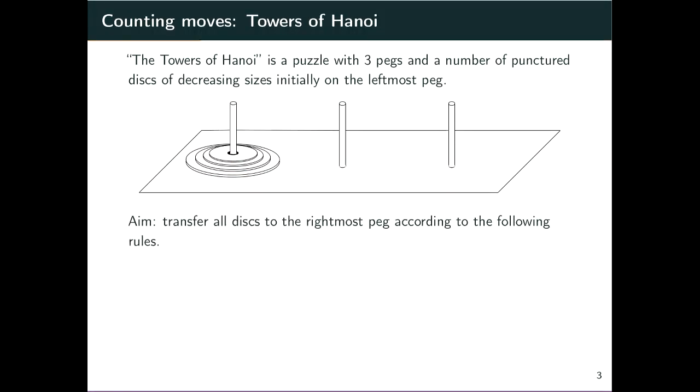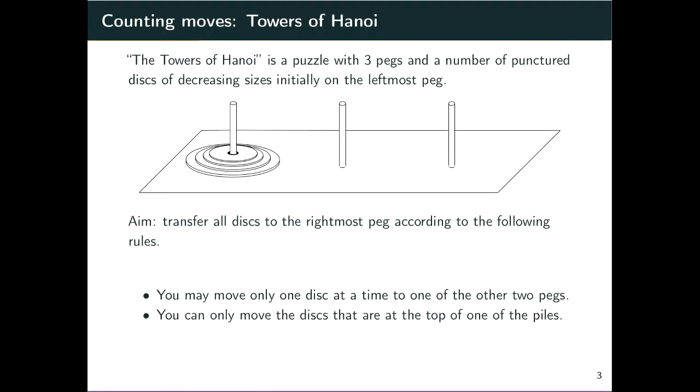And the game is to transfer all the discs to the rightmost peg, number 3 over here, but you have to abide by some specific rules. You can only move 1 disc at a time, and it has to be moved to one of the other pegs, because moving it to the same peg is just wasting your time.